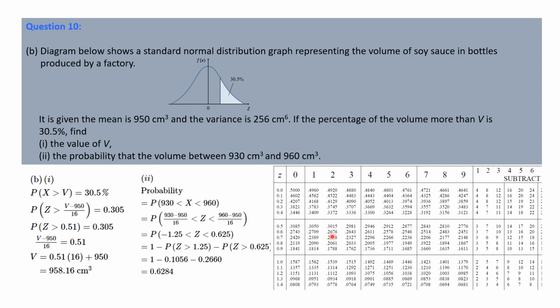From here we have 0.2676. So this is 0.62, and then we have to move on to the back 5. So for 0.625, I have to subtract 16 from 2676. So from here I will have 0.2660. So after you press the calculator, you will get the answer 0.6284.